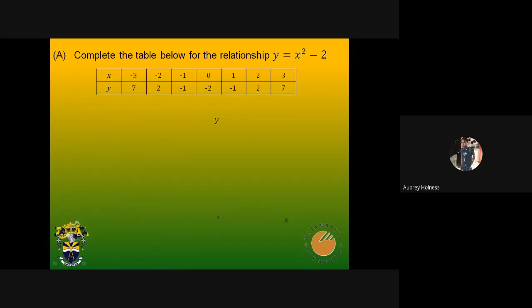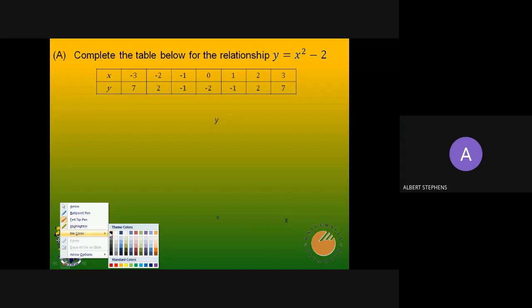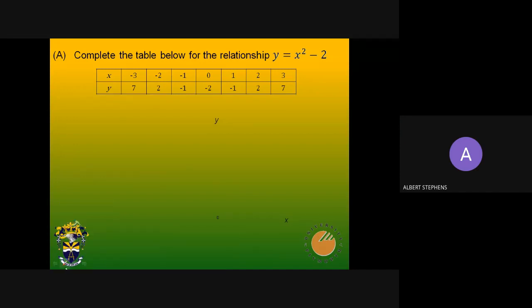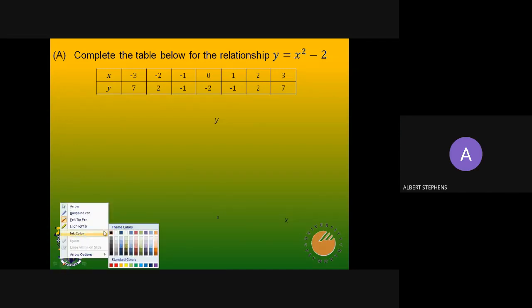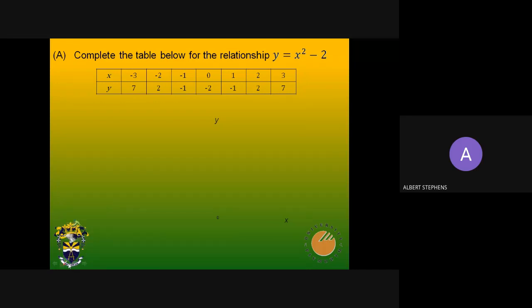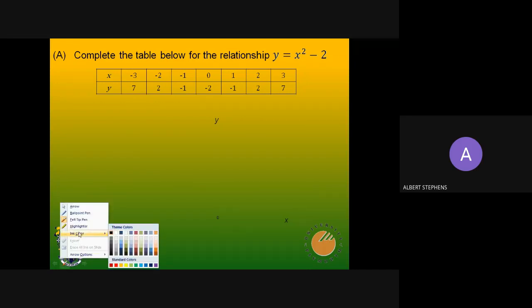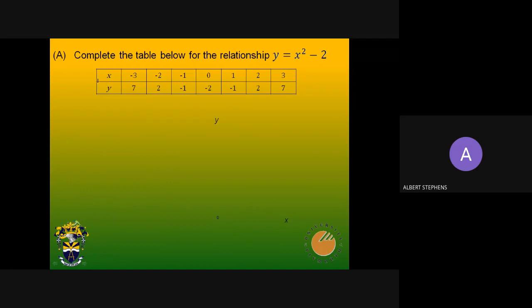Sorry, what did you say the names of the y values were? Hold on. Right, so it's the x values.